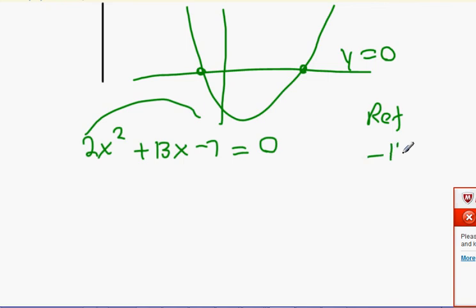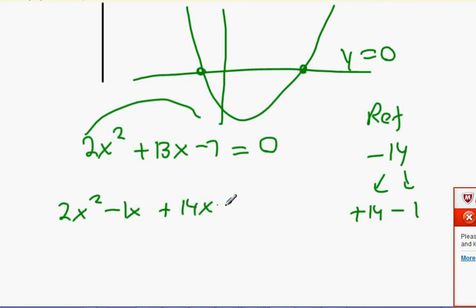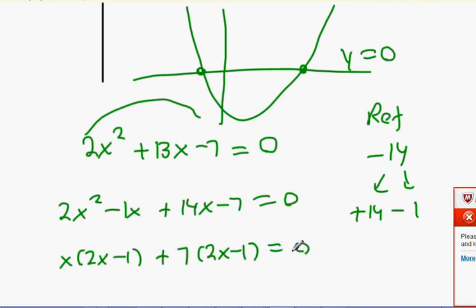2 times minus 7, minus 14, and then that turns into plus 14 minus 1. 2x squared, we'll do it this way. Sure, might as well. Then factorize out x into 2x minus 1 plus 7 into 2x minus 1 equals 0.